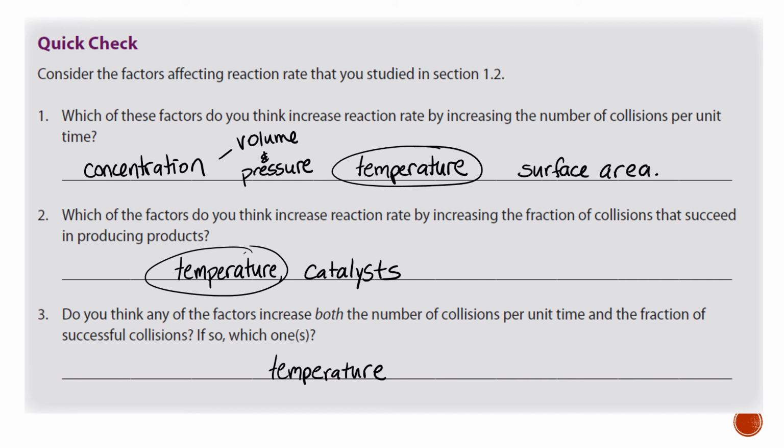Which is why temperature is one of the easiest conditions to manipulate in our reactions, and that will cause our reactions to go faster. It's also why in industrial chemistry, you almost always find industrial chemistry taking place at fairly high temperatures. Sometimes it has to be a little bit lower to increase yield. We'll talk about that in the next unit, but they're usually at least 500 degrees Celsius just to increase that reaction rate.